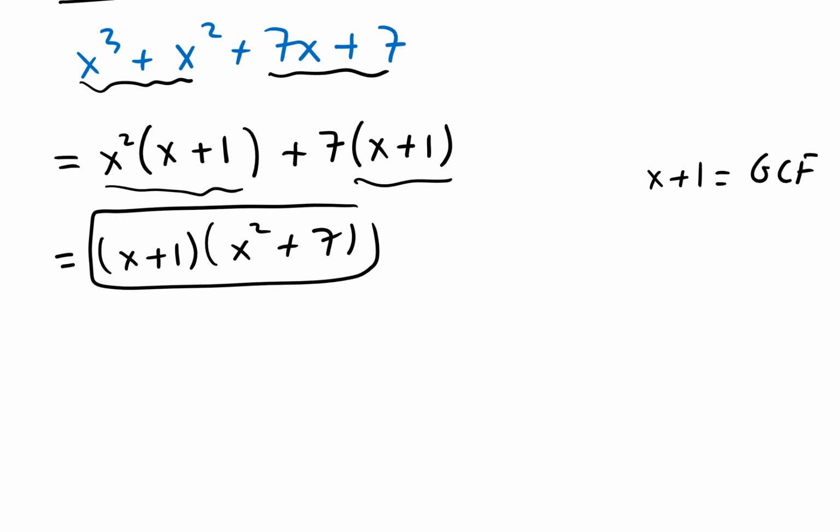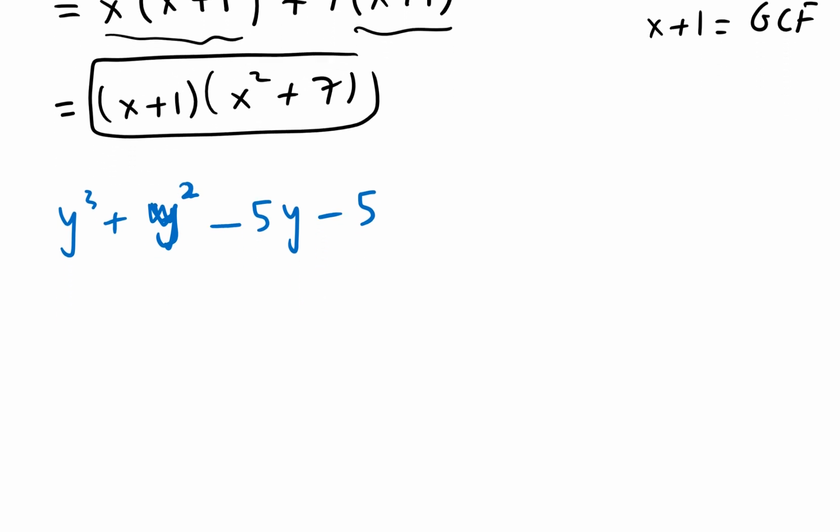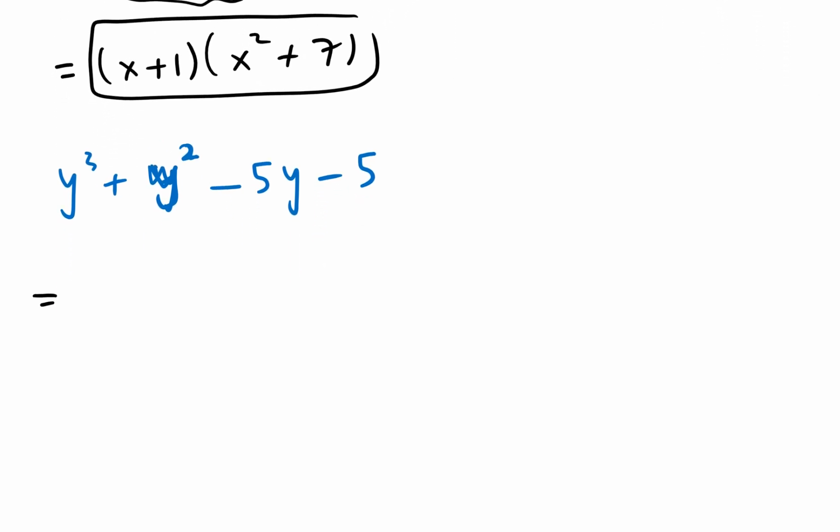Another example. Say y cubed plus y squared minus 5y minus 5. What's common among the first two is again y squared.